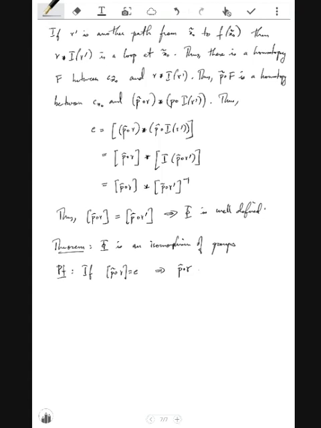Is there a homotopy F, homotopic to the constant loop at x naught? So applying the lifting theorem, we get a homotopy.